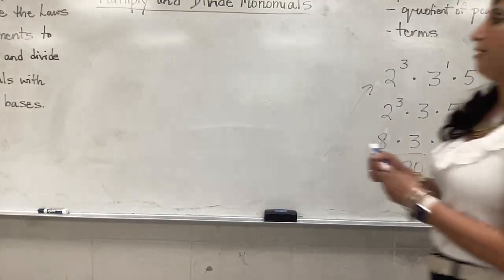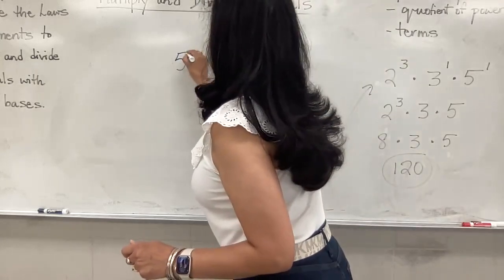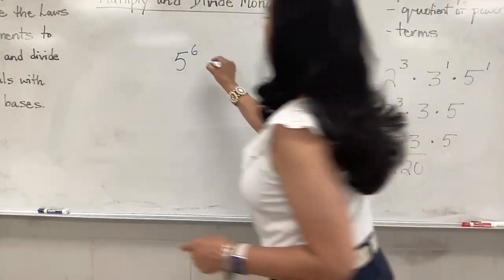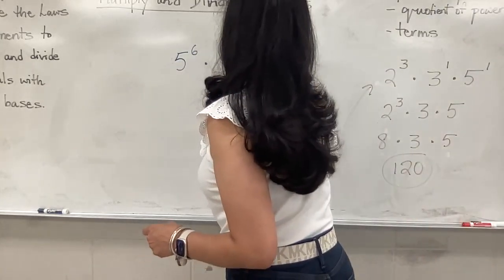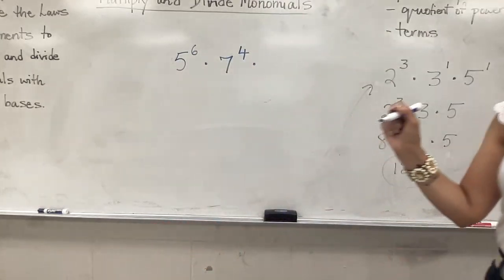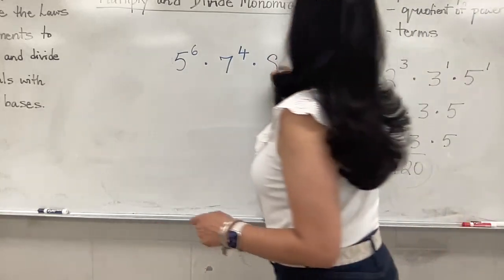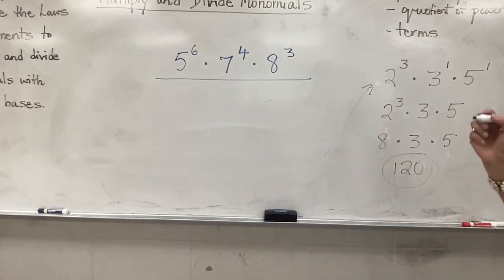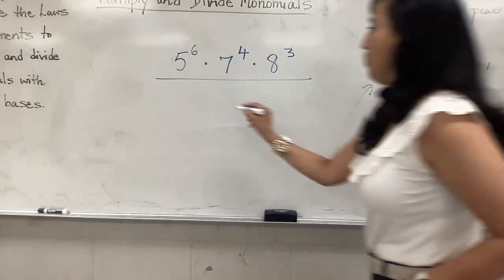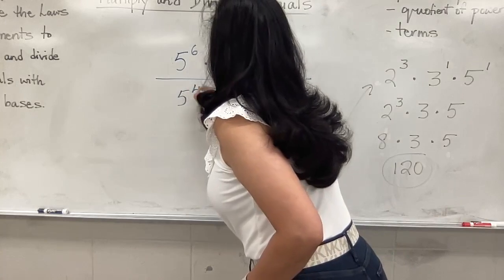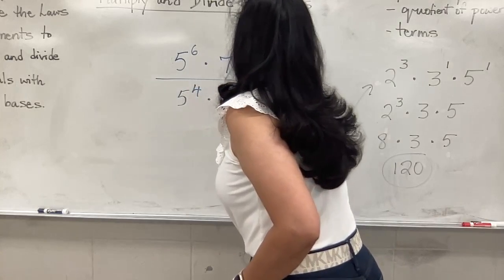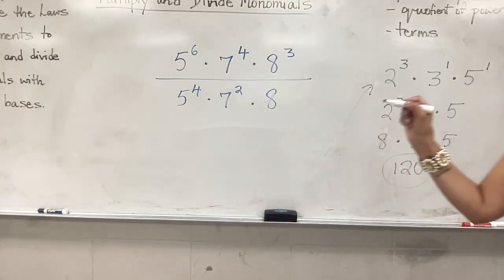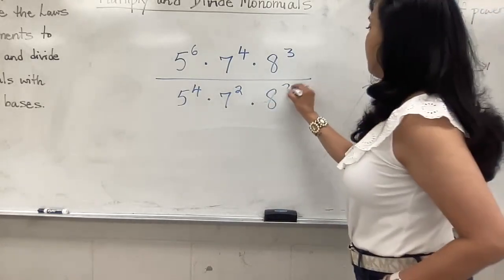So if I say 5 to the sixth power times 7 to the fourth power times 8 cubed, and if I divide this by 5 to the fourth power times 7 squared times 8 squared. All right.